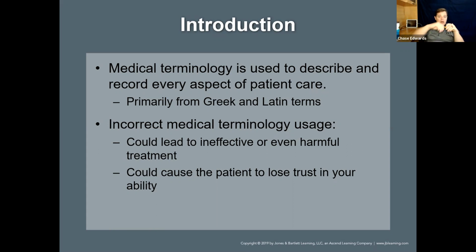All right, so comprehension of the key terms, acronyms, symbols, and abbreviations is very important. You'll break down each word into its separate components: the prefix, the suffix, and the root of the word.